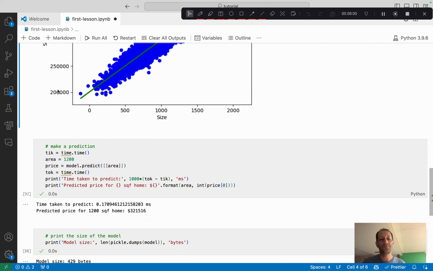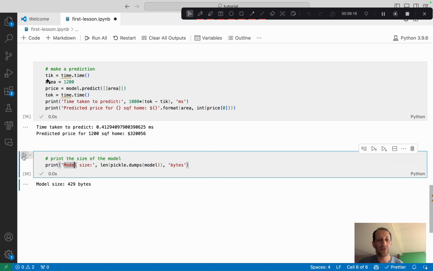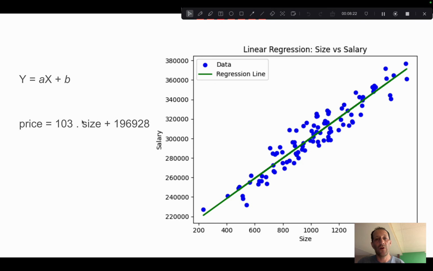But also, let's make a prediction again and see how long it takes. You see 0.4 millisecond again. In other words, the response time of the model hasn't changed. And the model size also shouldn't change. Why? Again, because the model was holding only this equation and not the underlying data that was used to train it. I hope this was useful.